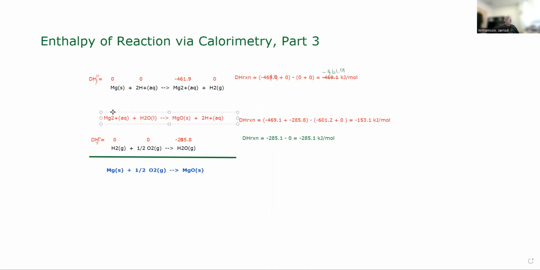Okay. And then you'll see, if I clean this up a little bit, you'll see that if I add all of these together, Mg2 plus will cancel with Mg2 plus. The 2H plus will cancel with the 2H plus.